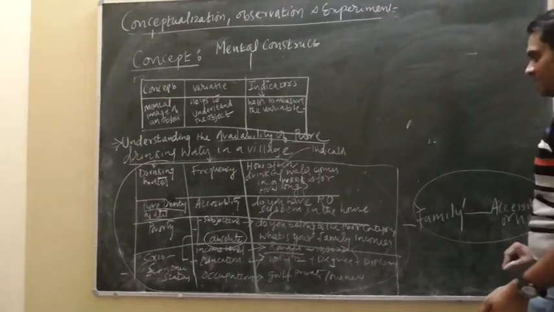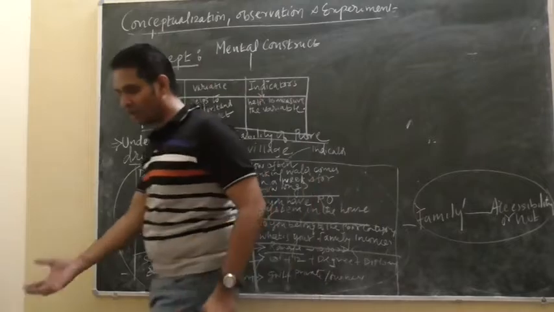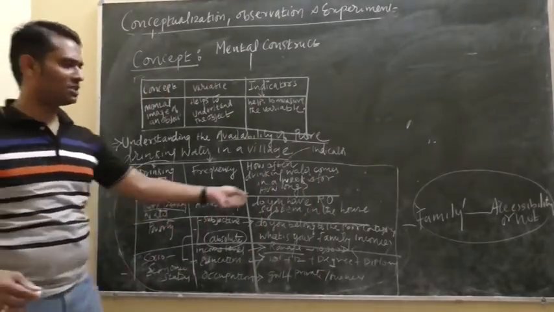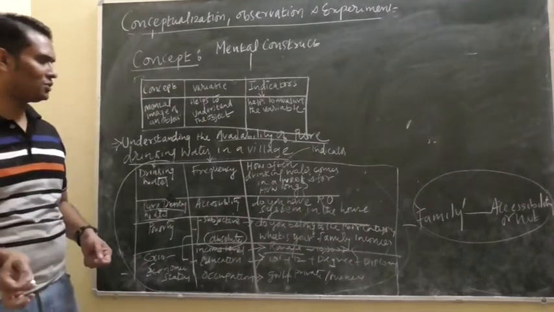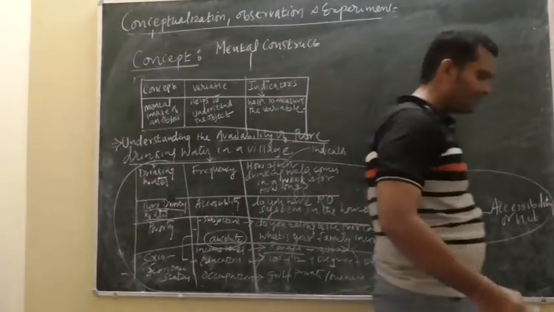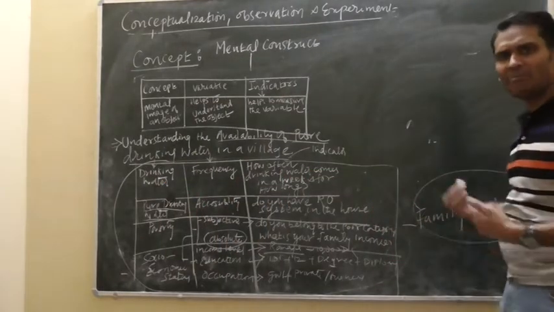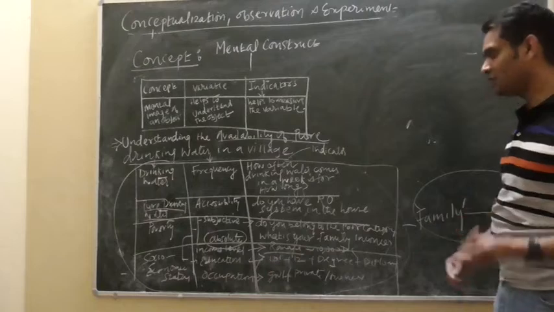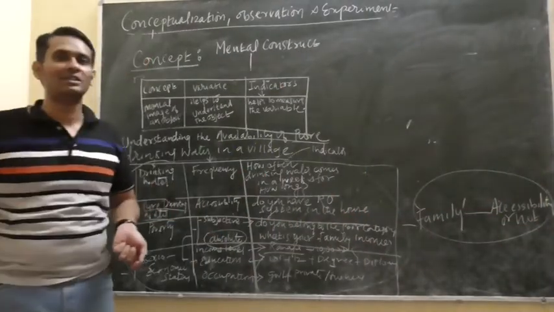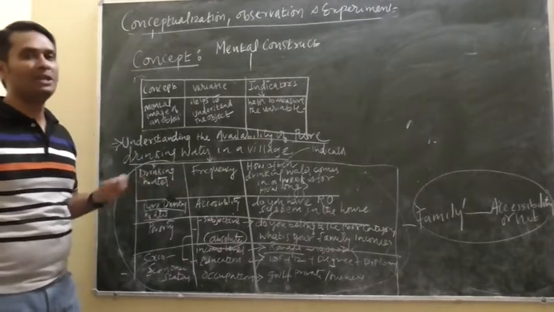Suppose the family doesn't have any access to pure drinking water, and they are only relying on the supply of the municipal corporations, and they don't have any other sources. That means they have to spend too much money buying the water. So there you will be able to think that the community water system, the community RO system, could be placed.